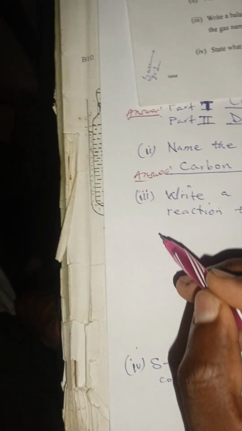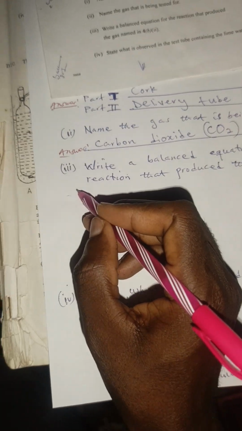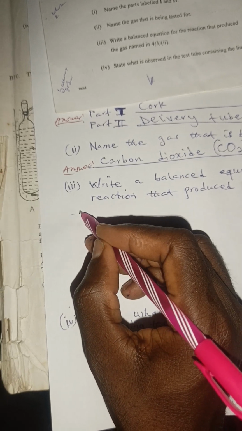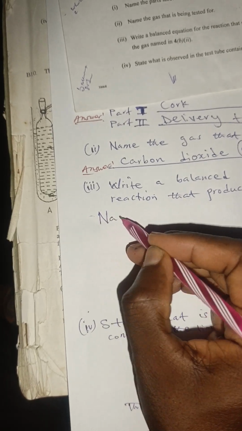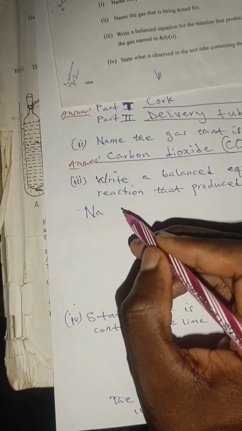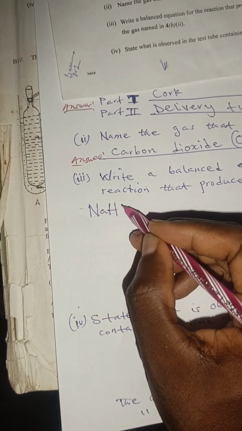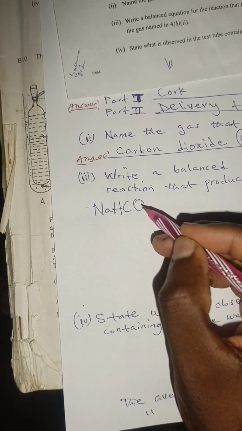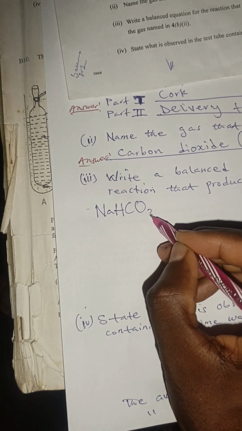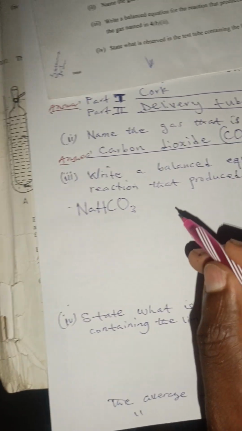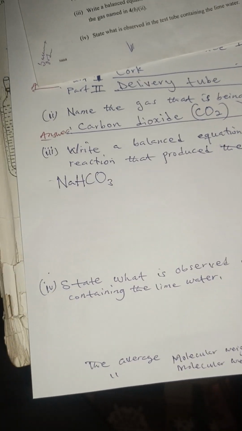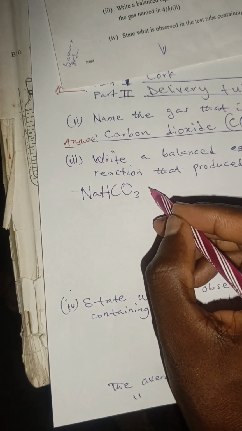We write sodium bicarbonate, which is reacting with dilute HCl. We just write HCl.